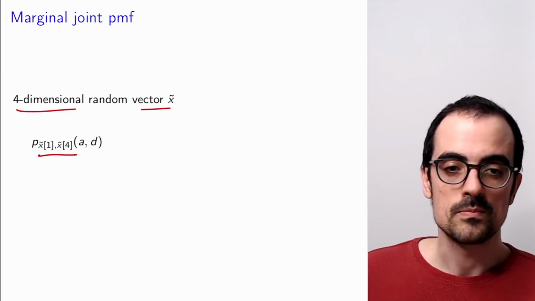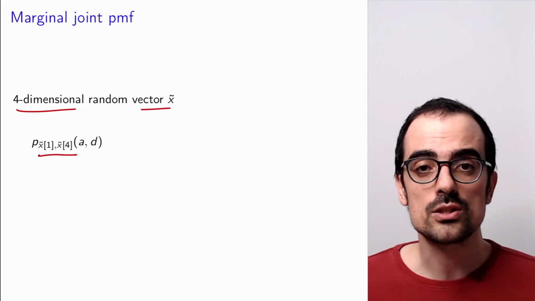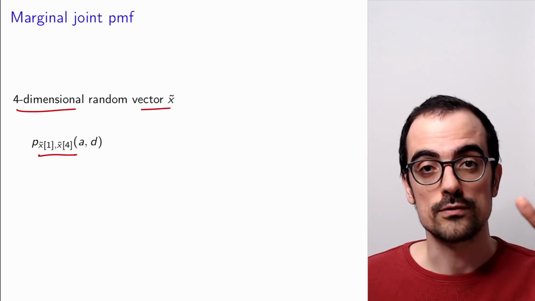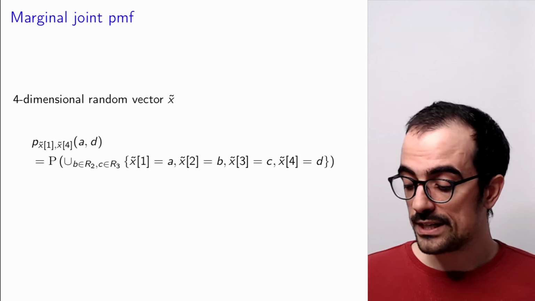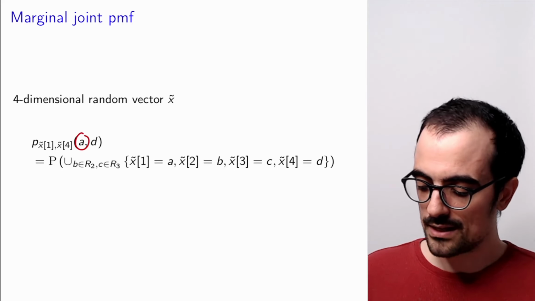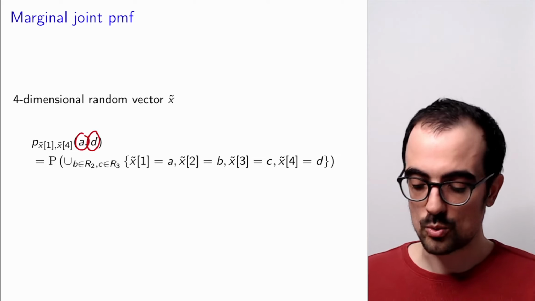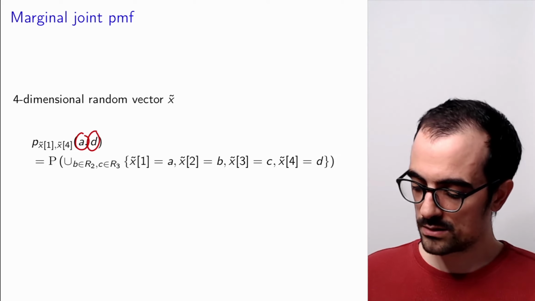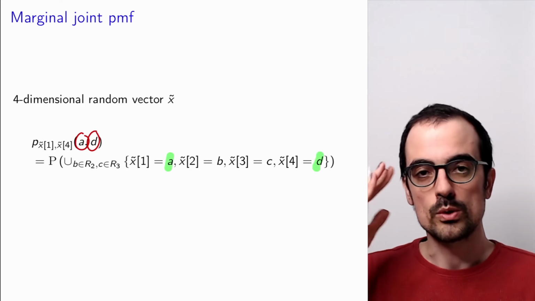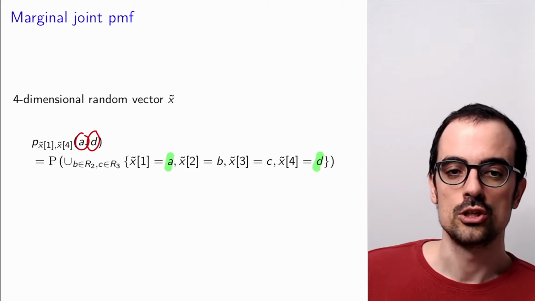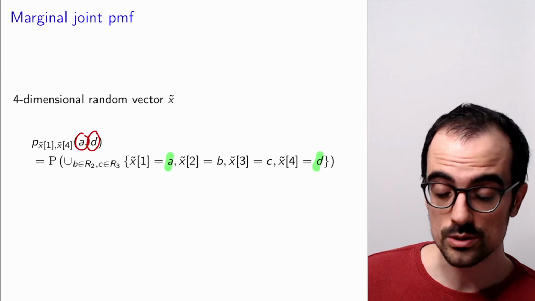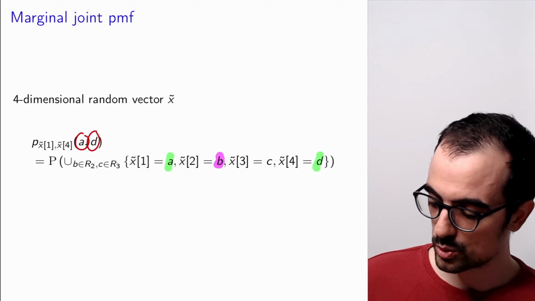Okay, so how do we characterize that interaction? Well, through the joint PMF of only those entries. So now it's a joint PMF of 2 random variables. By definition, this is just the probability that the first random variable is equal to A and the fourth random variable is equal to D. So we fix those 2 values, and now essentially what we want is the union of the events that those 2 variables are equal to their fixed values, and the other ones are equal to every possible value.